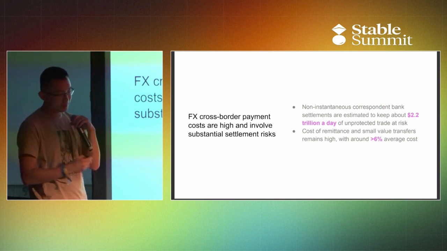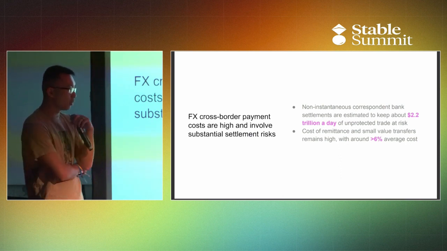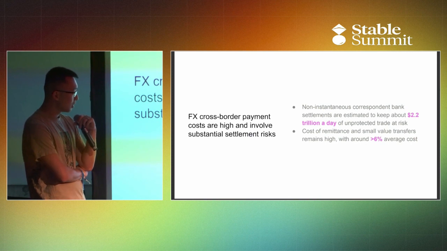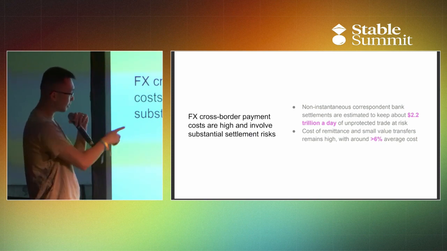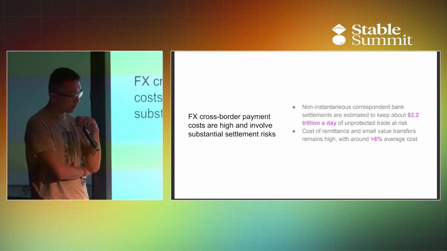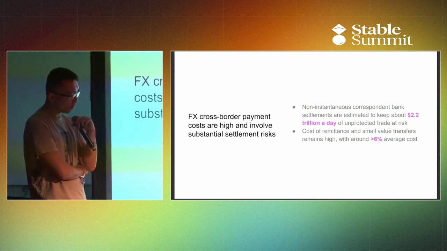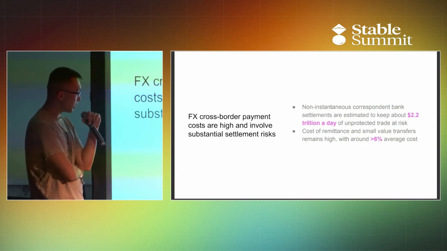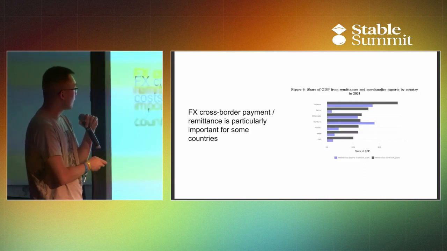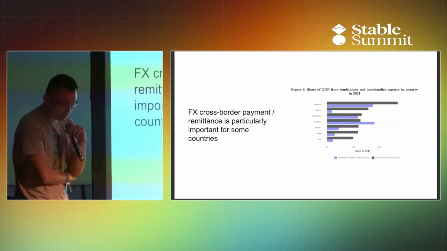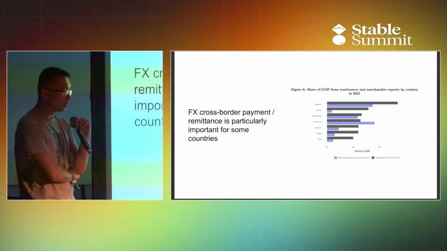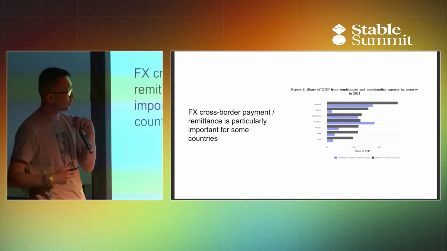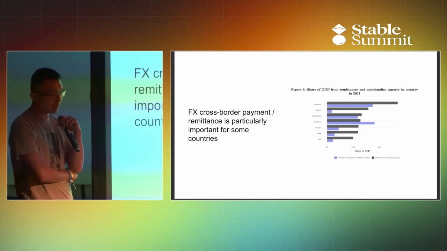And the cost of remittance, particularly for small transfers across borders, is really high. I think that 6% number is for maybe a $500 transfer across borders on average. Again, data from the World Bank. That number imposes a heavy cost for economies that are very dependent on remittances and merchandise exports.